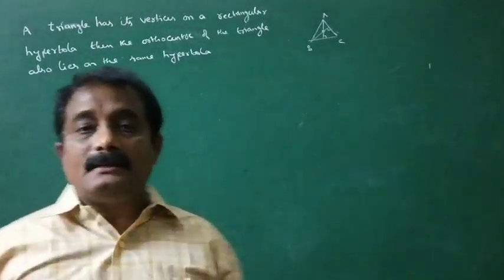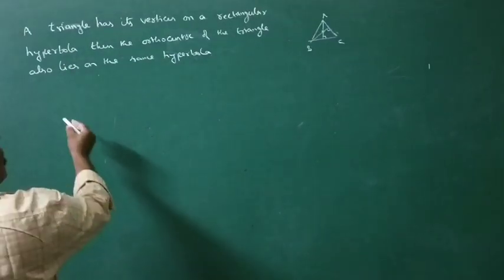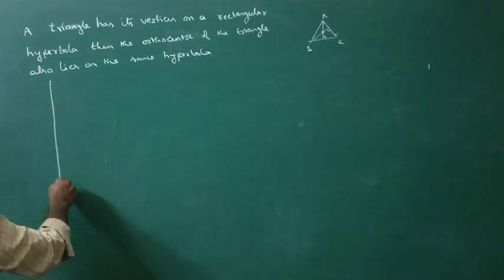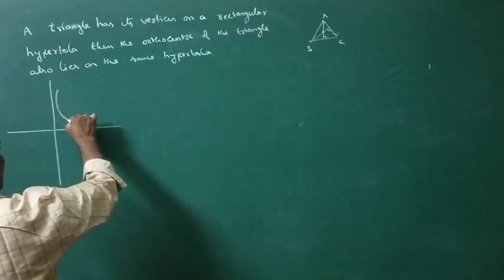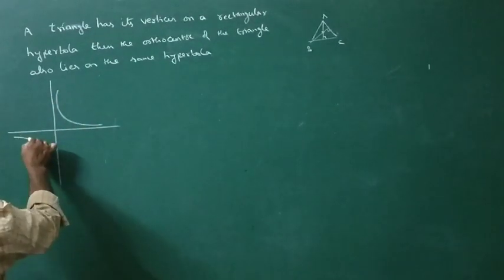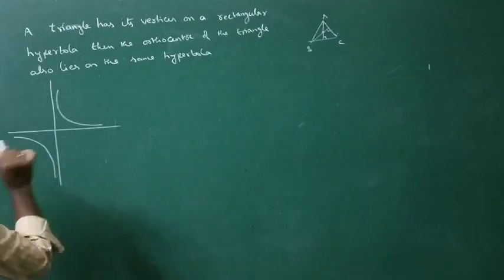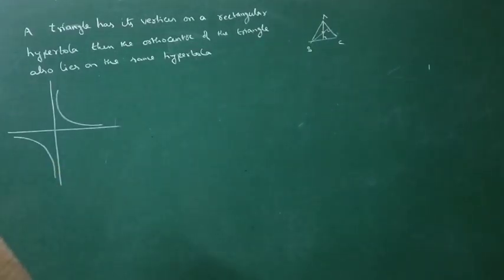Now I am explaining the property. So for that one, first of all, I want to draw the diagram. This is the rectangular hyperbola xy equal to c square.